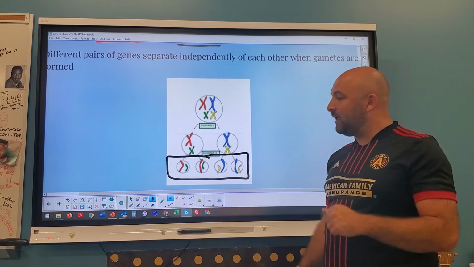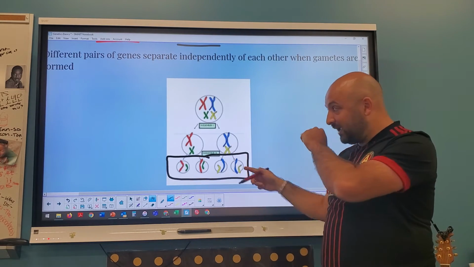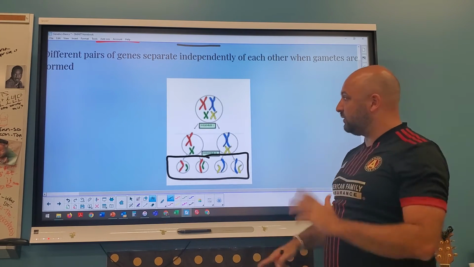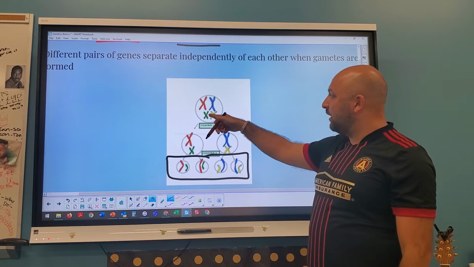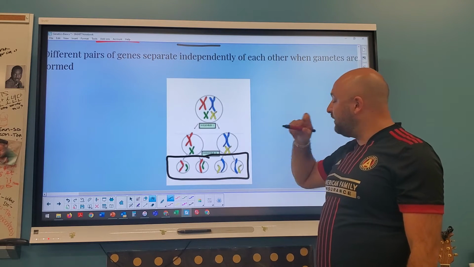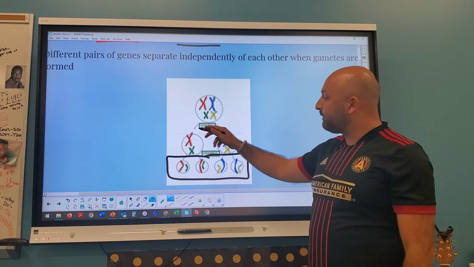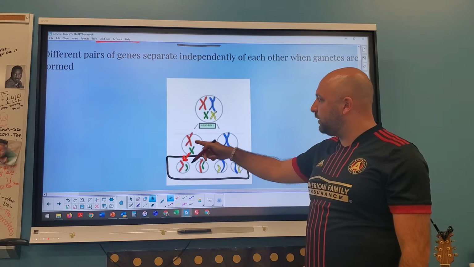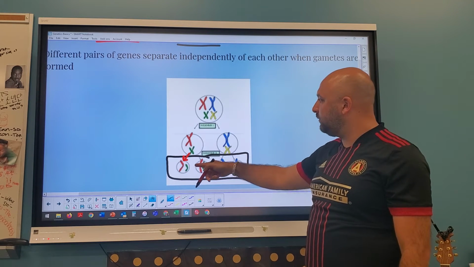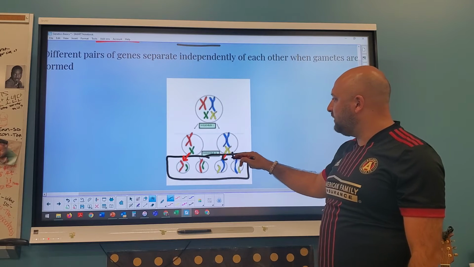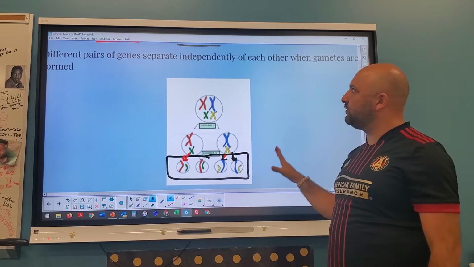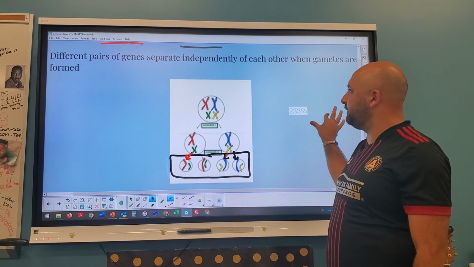You get different flavors of each. Each little package has its own unique expression. Looking at these genes to start, they get segregated and put in their own sections, and then they get independently assorted. So one red, one green, one red, one green, one blue, one yellow. They're independently assorted into their own unique place and space.